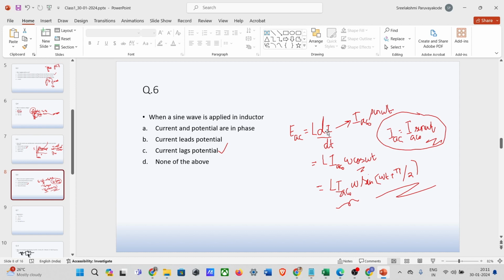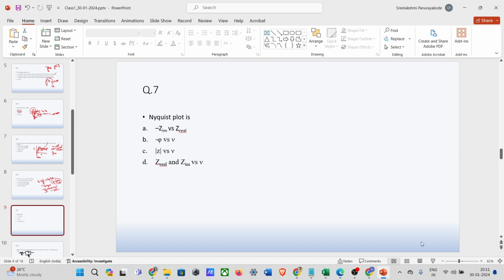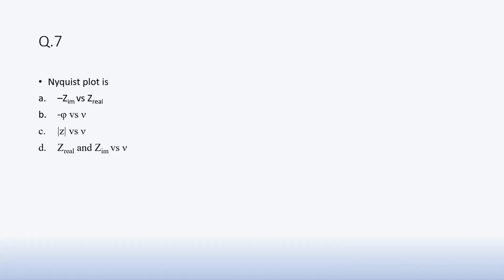It can be either E or I, depending on how the equation is. Find that out, then compare both. Whichever one is sine omega t, the other one will be sine omega t plus pi by 2, or whatever it is, and based on that you compare and then you will get the answer. This is one of the kinds of questions in your assignment. So now the next question.